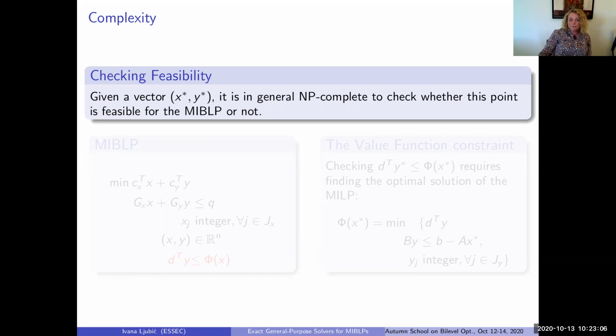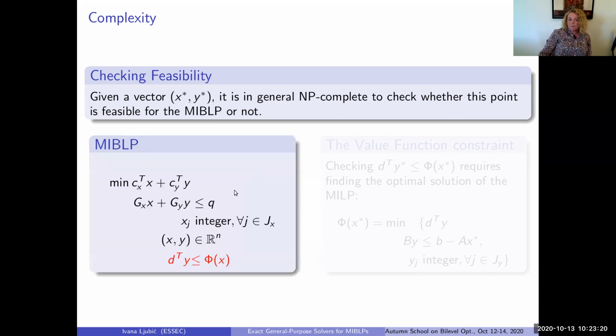So let's see what is the intuition behind this. If I give you a solution, let's say x star, y star, how can I check whether this solution is feasible for the bilevel MILP? So recall, I will now use the value function reformulation, so that I can rewrite the problem in this way. What I have here is a mixed integer linear program plus the value function constraint.